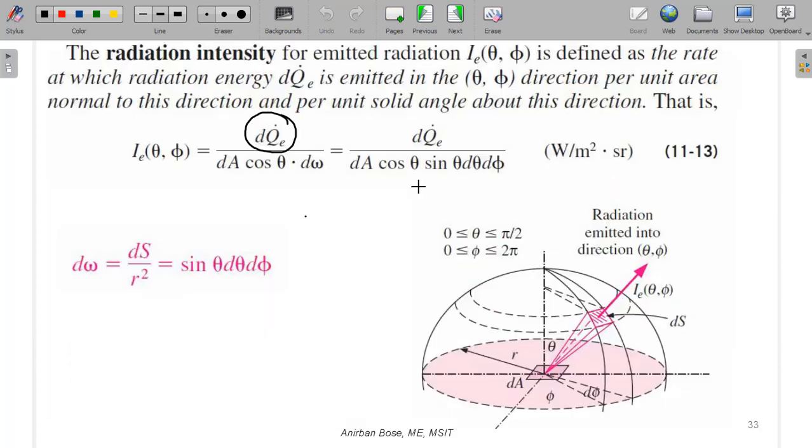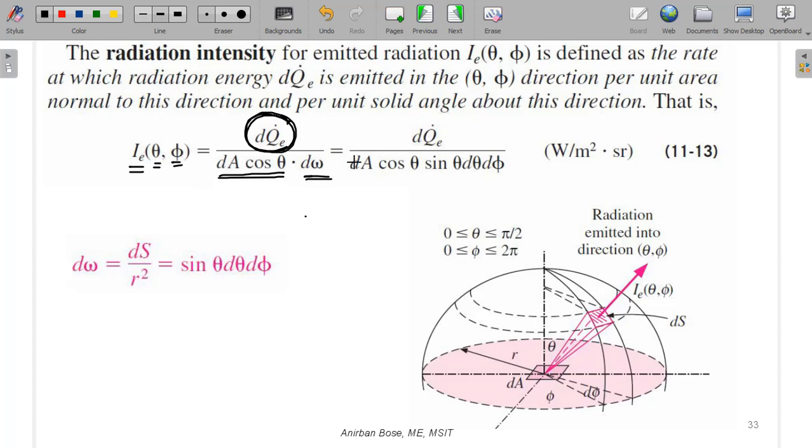This has been shown here: the emitting energy in watt, divided by dA cos theta, which is the area normal to that direction, divided by d omega, the solid angle around that particular direction. And remember, this intensity is in general a function of both theta and phi.